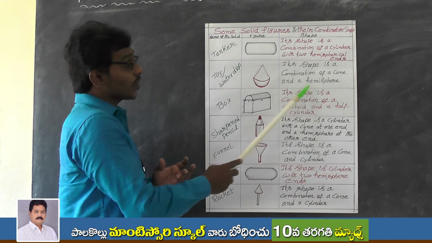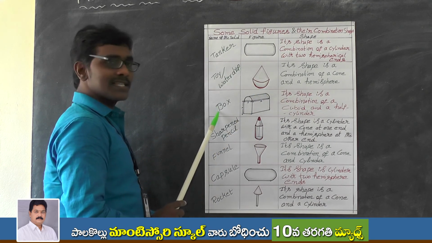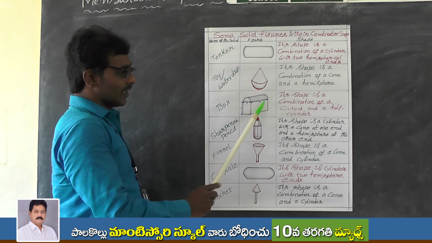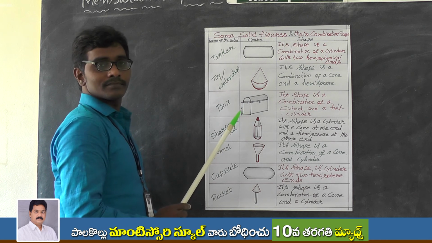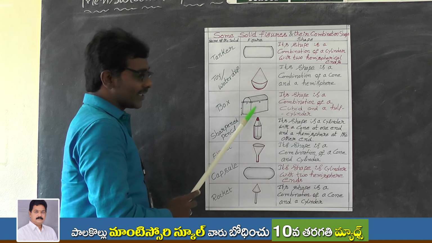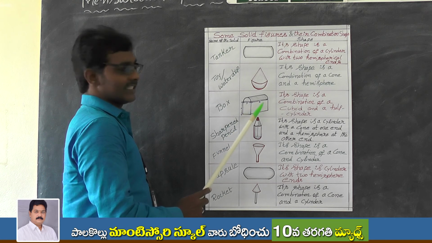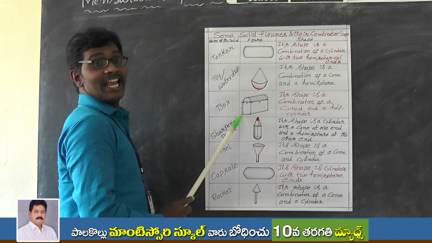Guys, first you observe, then it will be clear. Box is a cuboid and half of a cylinder is joined. So its shape is a combination of a cuboid and half cylinder. See, length z, breadth y, height x.